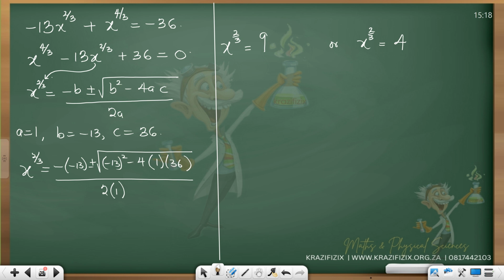Do you notice we're back to where we started from? So x to the power 2 over 3 times 3 over 2. This is 3 to the power 2 times 3 over 2. And x is 27. The same thing here.